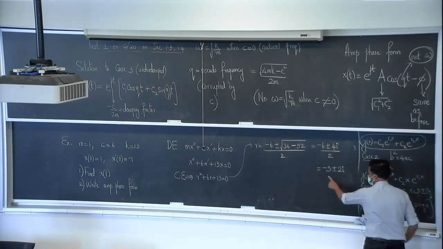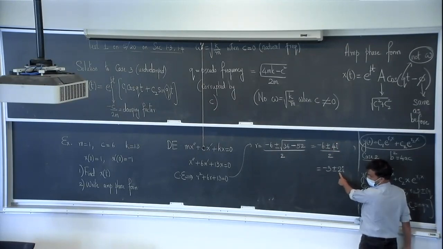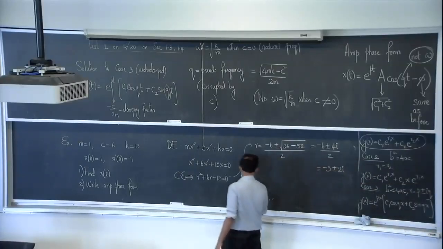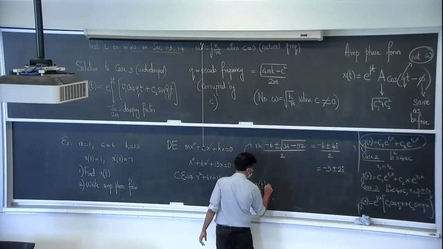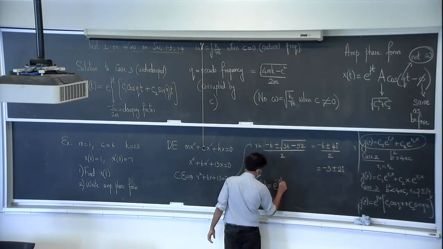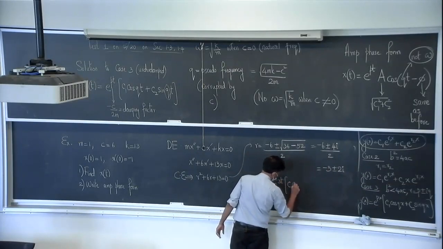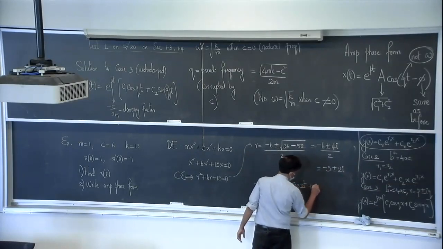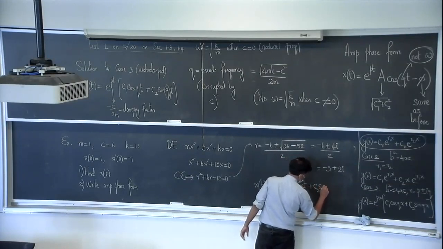So the damping term is negative 3, and the pseudo frequency, not the natural frequency, is 2. So the general solution is x of t equal to e to the power of negative 3t times c1 cosine of 2t plus c2 sine of 2t.